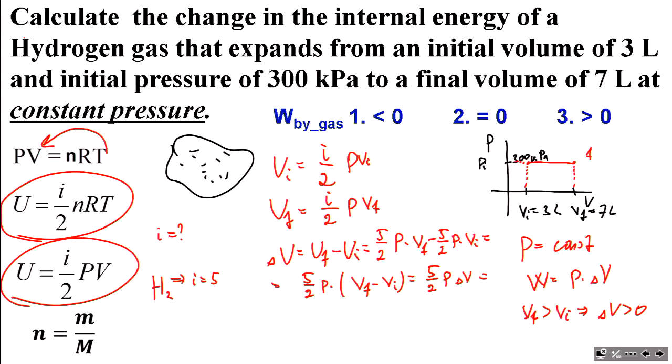And of course now we just plug in numbers into this expression. 300, well, first I do this, kilopascals times 7 minus 3 equals what? 4 what? Liters. Exactly. We cannot technically use liters, so we have to do a conversion.